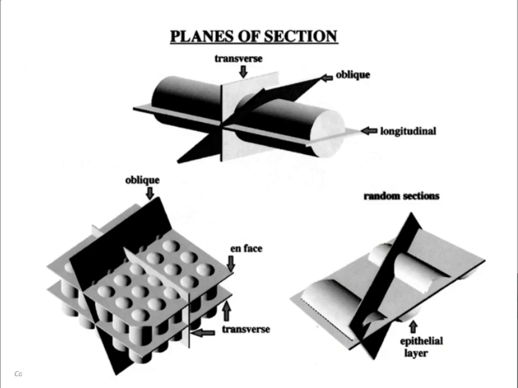Now in studying histology, it is not possible to see all the histological structure in three-dimensional view. While making the slide to observe under the microscope, that tissue may get cut into different planes.